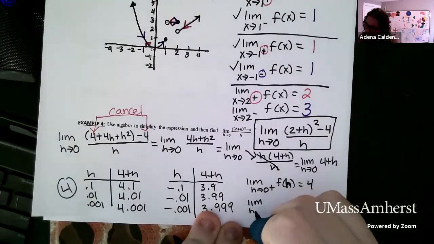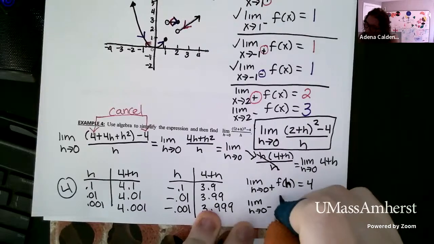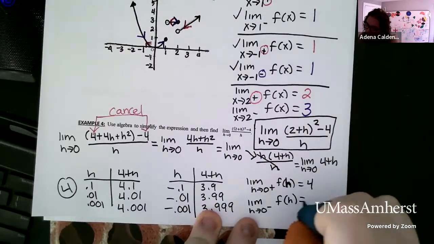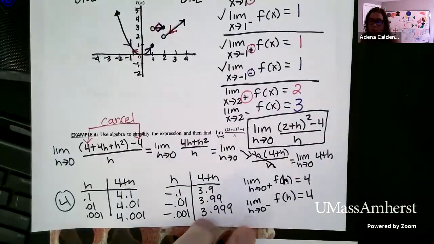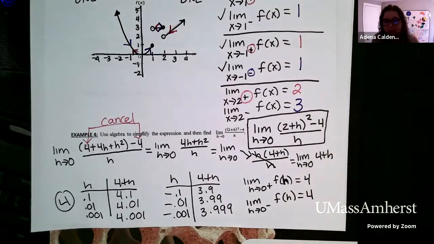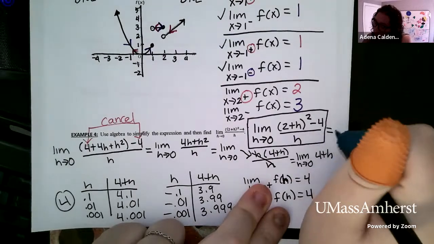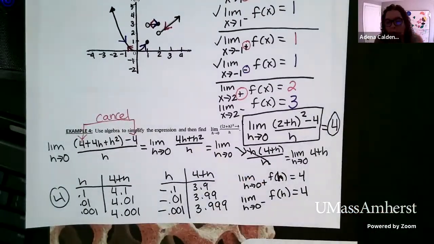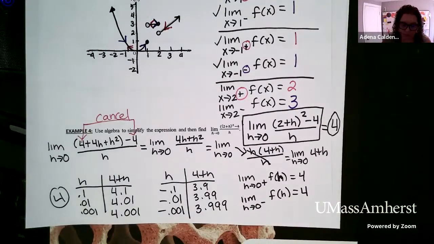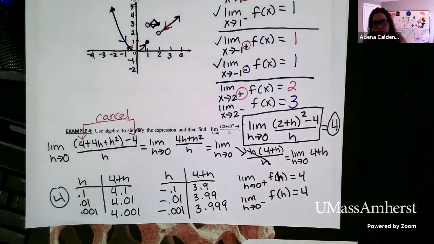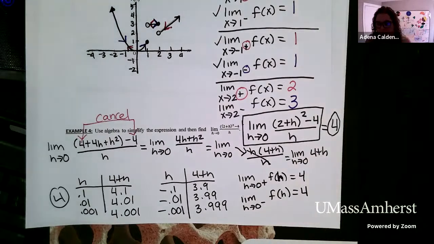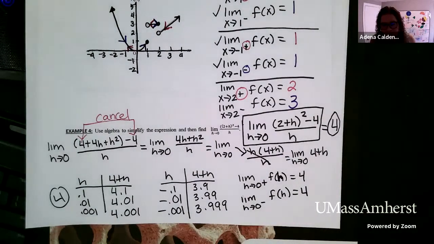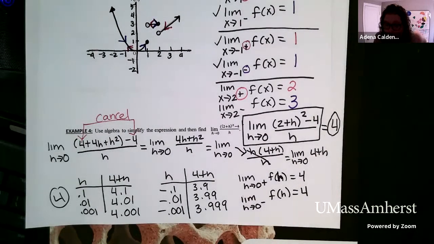So we have the limit as h goes to 0 from the left of f of h also equals 4. So since it's the same from the left and the right, what that tells me is that the full function as h goes to 0 also has to be 4. Okay, so again, the idea here is just to showcase that you can algebraically simplify before you do the limit, if that is a preference of yours.